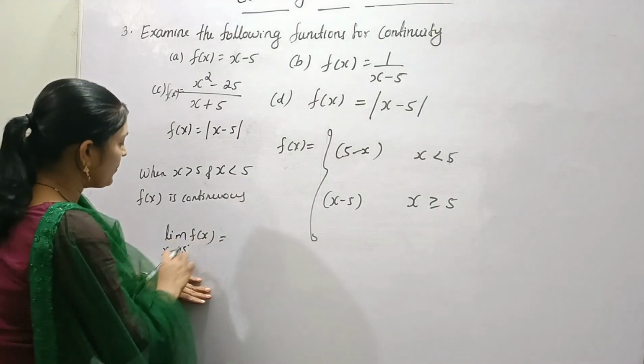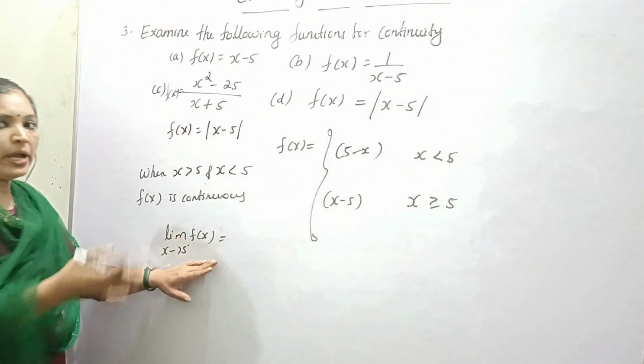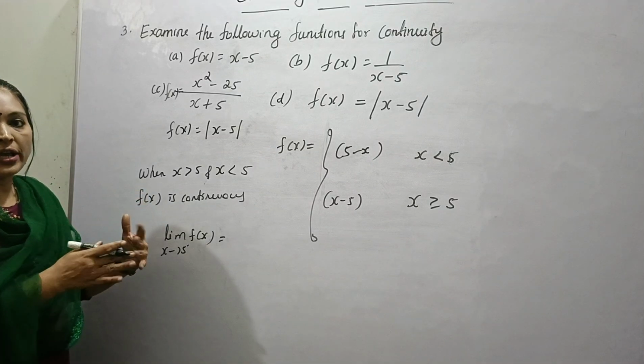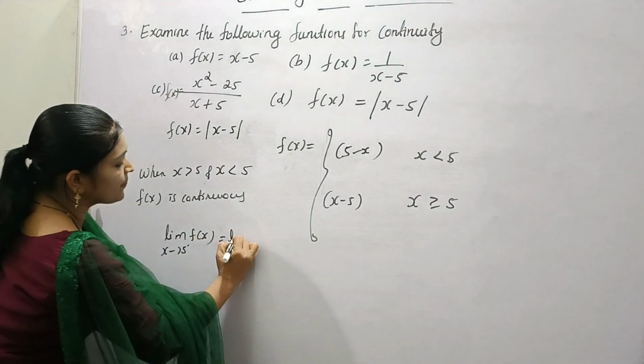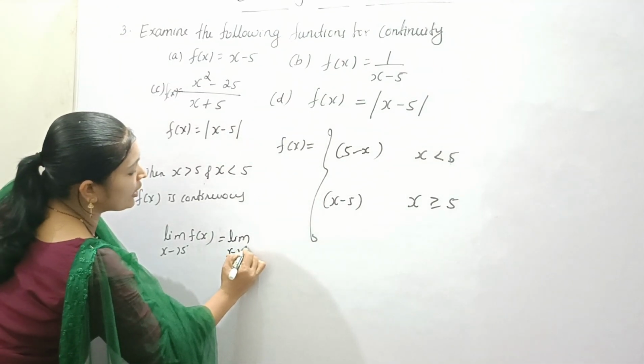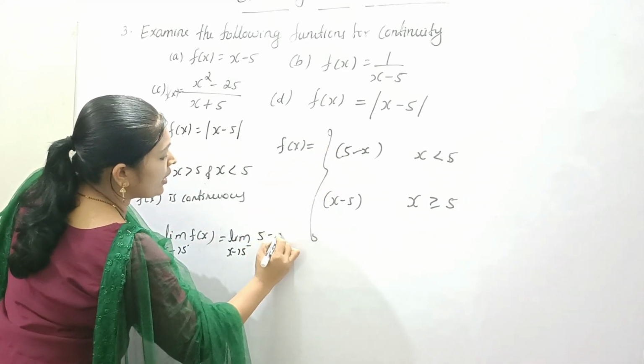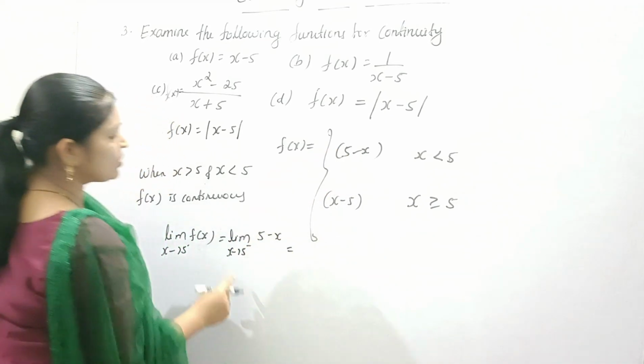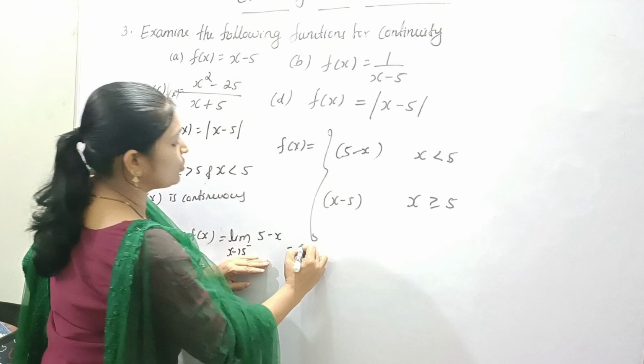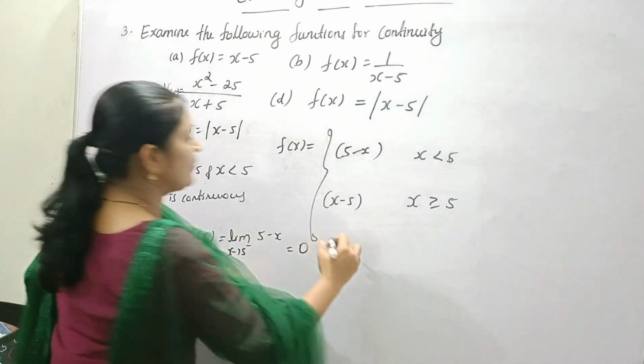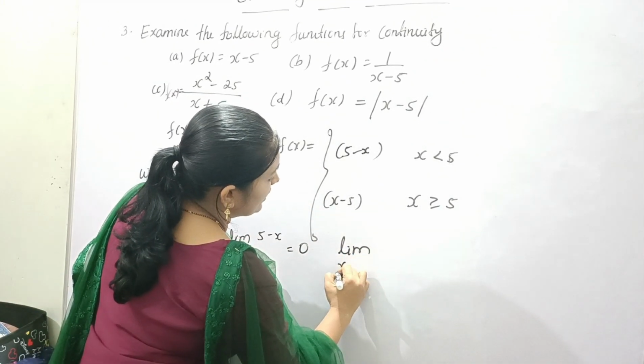Here, limit x tends to 5 minus, that is left of 5, less than 5. The function is 5 minus x, and substituting 5 we get 0. Then what about the right hand limit?